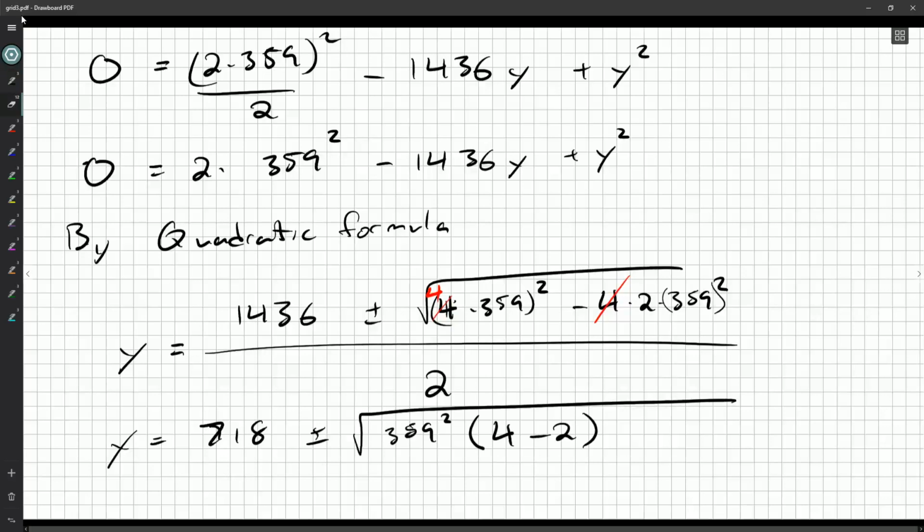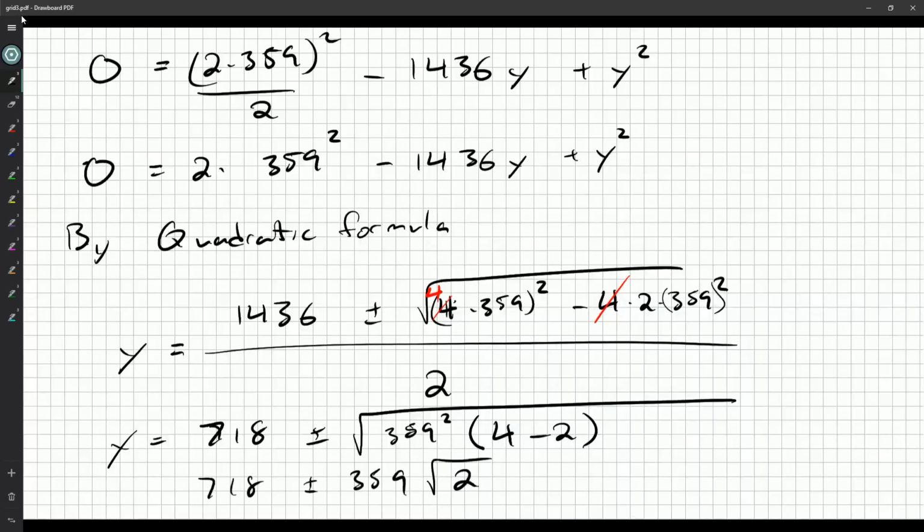Okay. Did we do that right? Feel like yes, we did. One of those 4s pops out. Okay. So that's 718 plus or minus 359 square root of 2. All right.